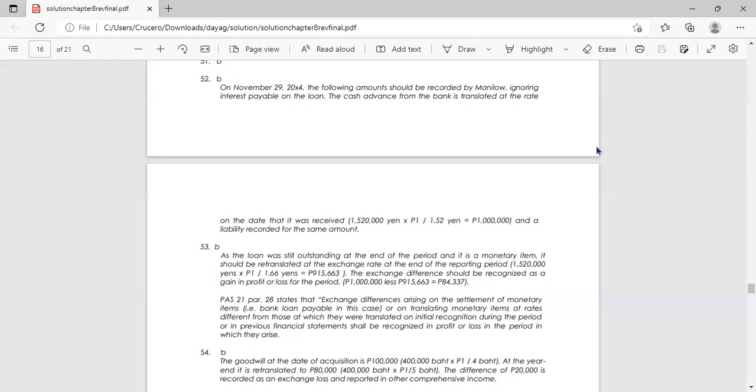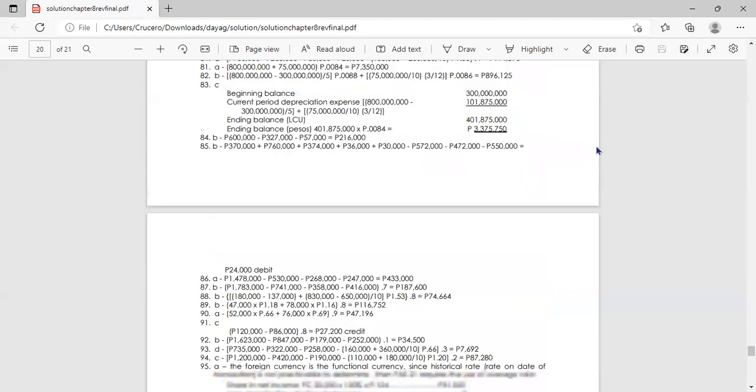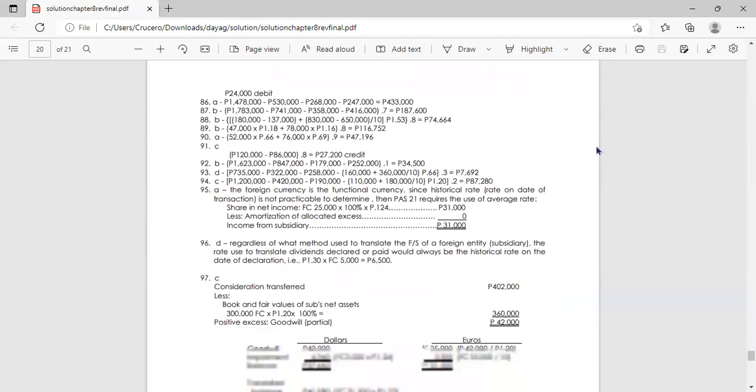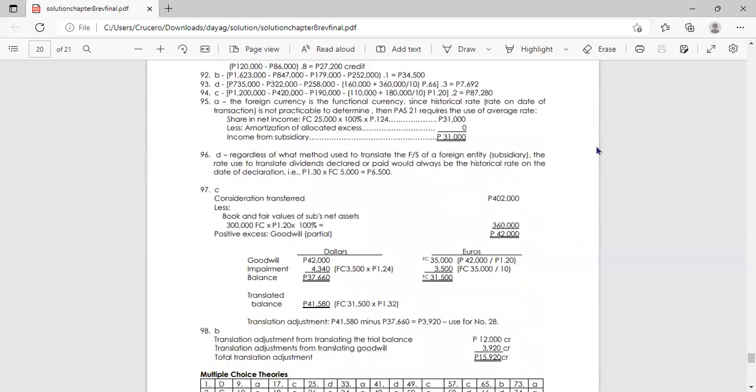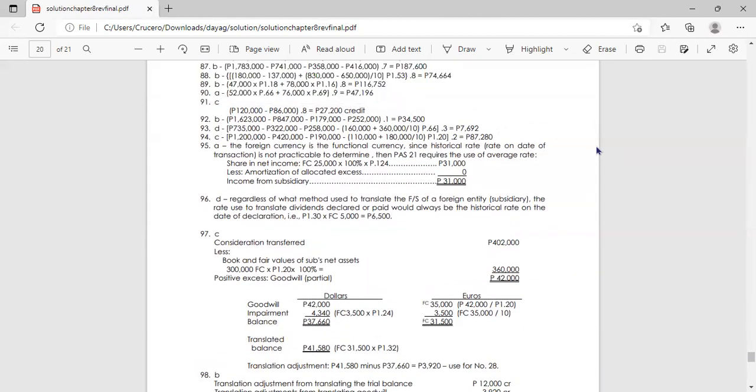So now we have number 88, 80% ownership. 80% ownership is acquired in a foreign subsidiary on January 1. The functional currency for this subsidiary is the LCU.